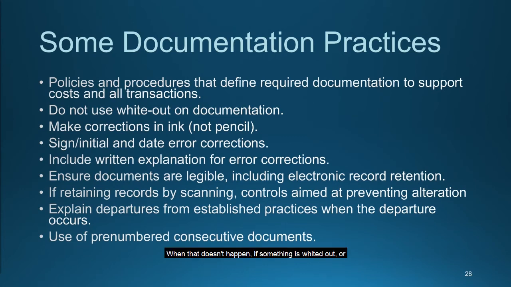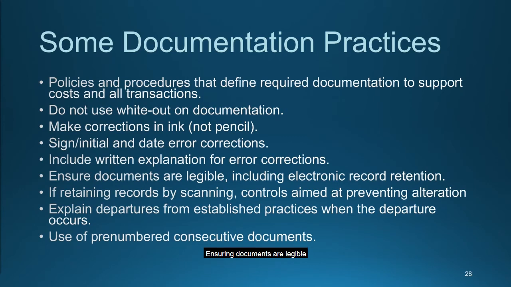When that doesn't happen, if something gets whited out or things become illegible, it draws more scrutiny than you might have needed in the first place, because it draws into question whether the person making that correction had good intentions or not. So always keep that in mind.